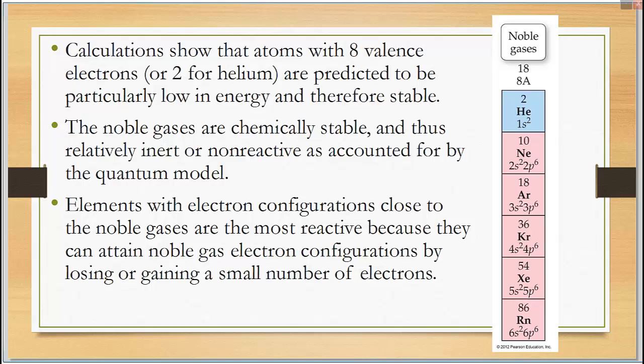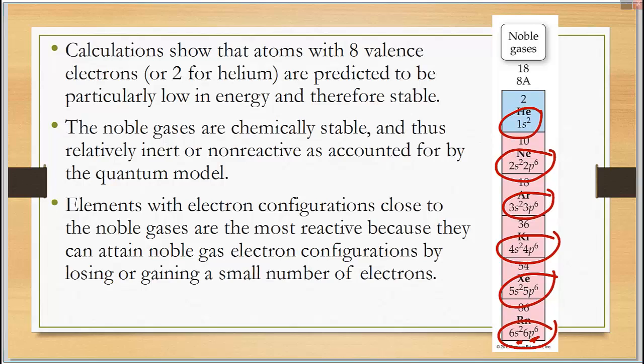So if we look here, the valence electrons always end, with the exception of helium, in 8. That's because s can hold 2 electrons and p can hold 6 electrons. These are the noble gases. The noble gases are chemically stable and thus relatively inert or non-reactive, as accounted for by the quantum model, because those energy levels are filled.